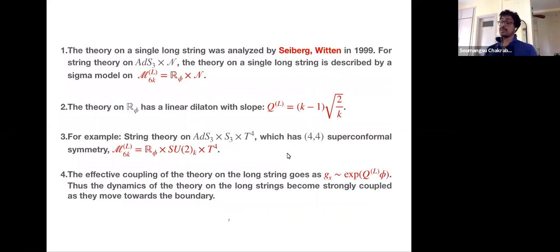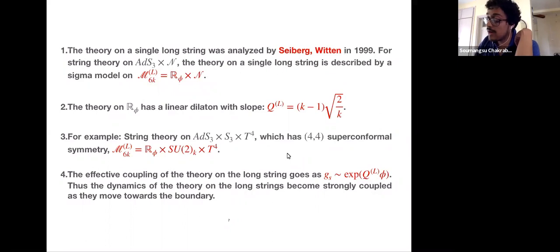The theory living on a single long string was analyzed by Seiberg and Witten in 1999. I should have given you the arXiv number, but I forgot. So for string theory in AdS3 times N, the theory living on a single long string is described by a sigma model, M_{6K}^{long}, where 6K is the central charge and L stands for the long strings, because I'm talking only about the long strings.